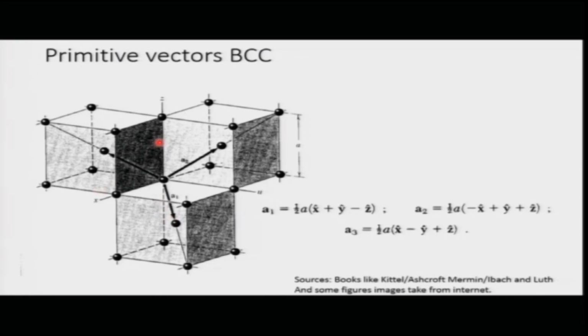So, in terms of x, y and z, you can write your A1 as half of A times x cap plus y cap minus z cap. It is in the xy plane, plus x and plus y cap directions, and this is in the minus z cap direction. Similarly, A2 will be in the minus x cap direction and this will be in the minus y cap direction. So, these are your primitive vectors for the BCC lattice.